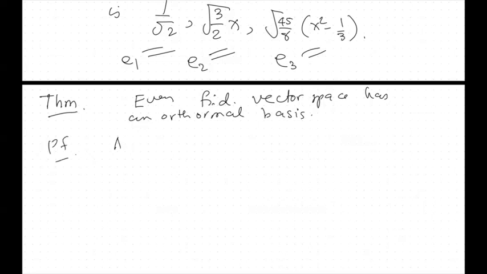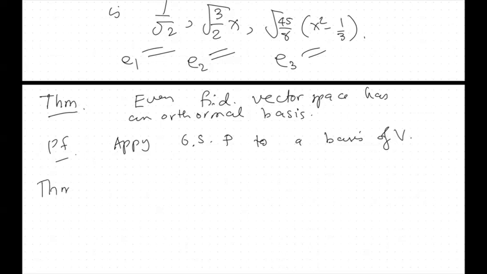The proof here is to apply the Gram-Schmidt procedure to a basis of our vector space V. And then you get an orthonormal list, producing an orthonormal list with the same length as the dimension of V, and that list which is orthonormal will become the orthonormal basis.